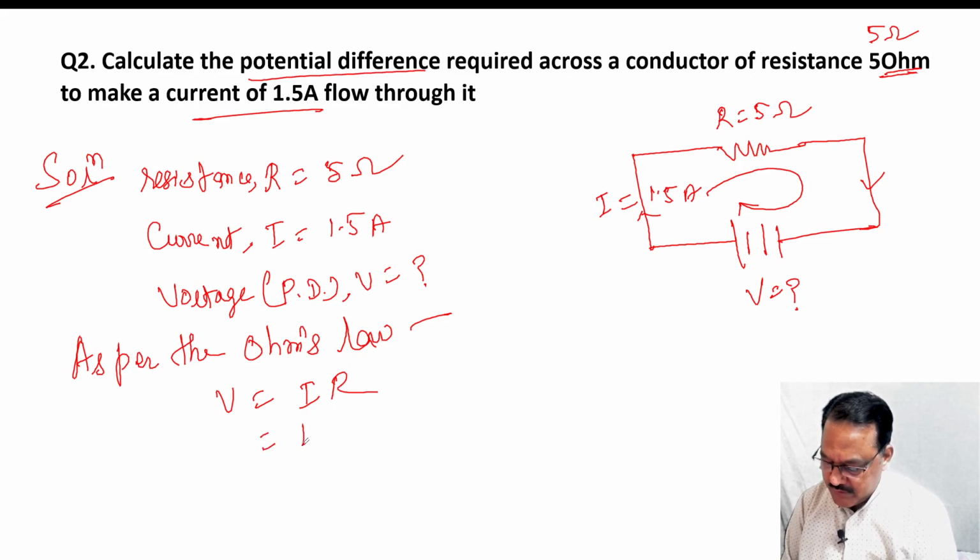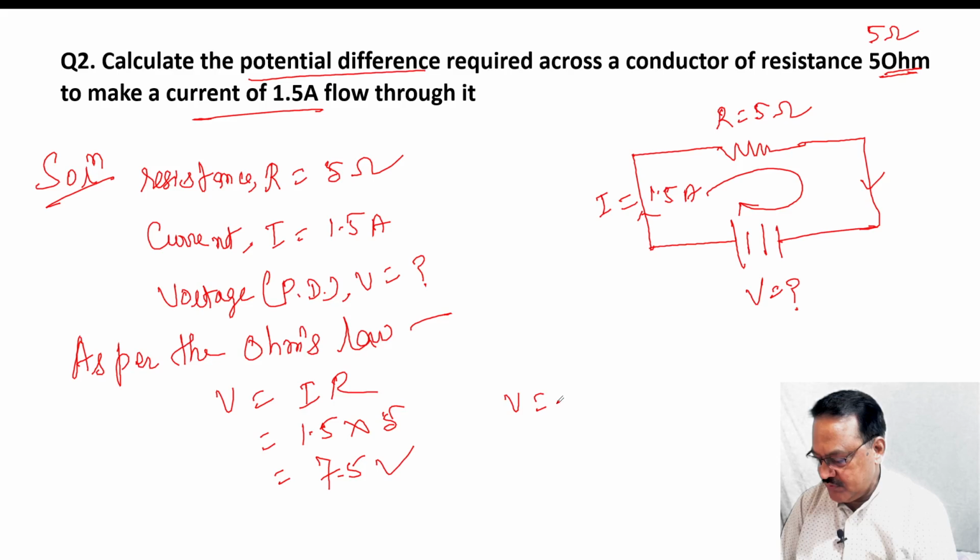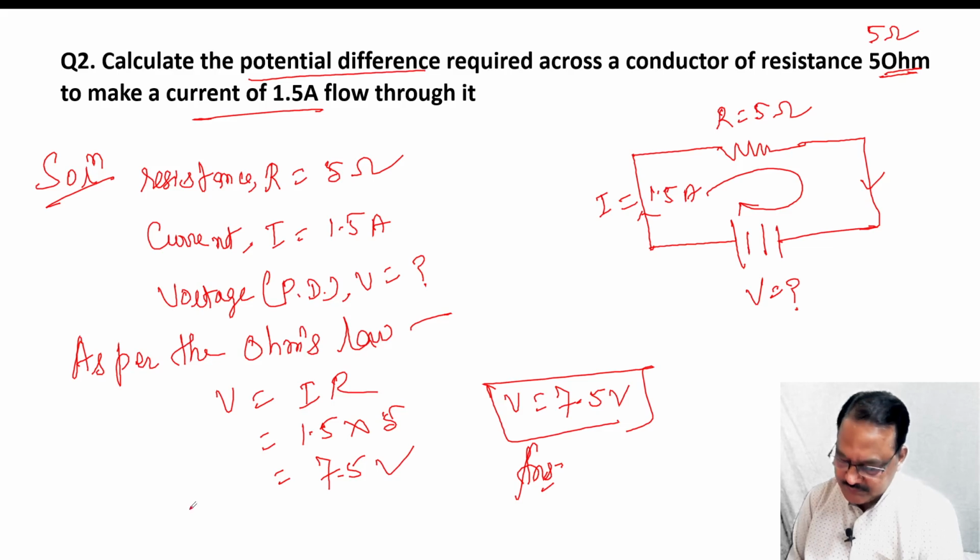I means 1.5 ampere, R means 5 ohm. Just calculate, it will be 7.5 volt. So here the potential difference is V equal to 7.5 volt. Okay, this is the answer. It is so simple. Okay, next question.